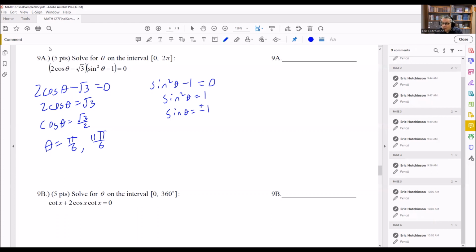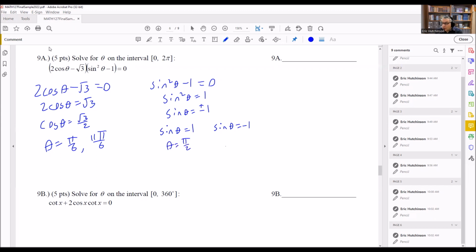Now for this, you can think of that as doing two separate equations. Really what you're saying is sine theta equals 1, and then sine theta also equals negative 1. So you want to solve both of these individually and get the individual answers. Okay, so where sine equals 1, you're looking for the only spot on the unit circle where the y value equals 1. Now that's going to occur at pi over 2.